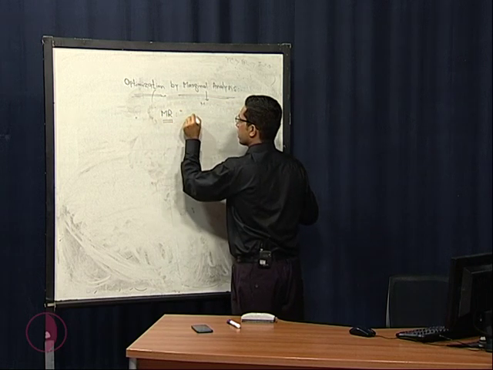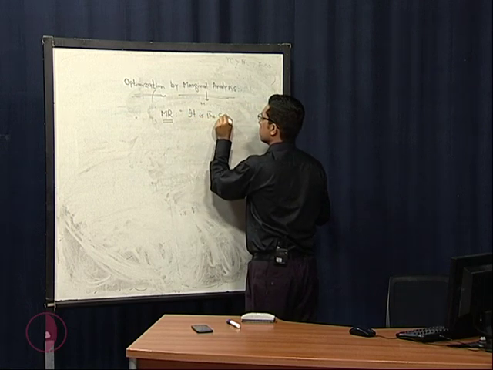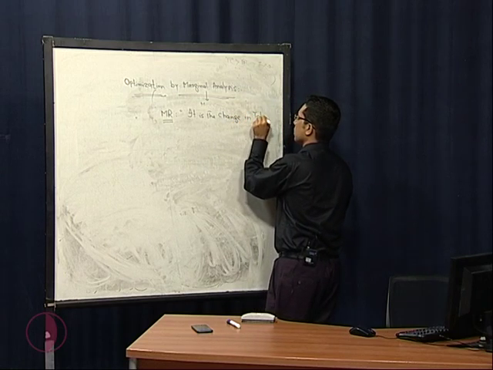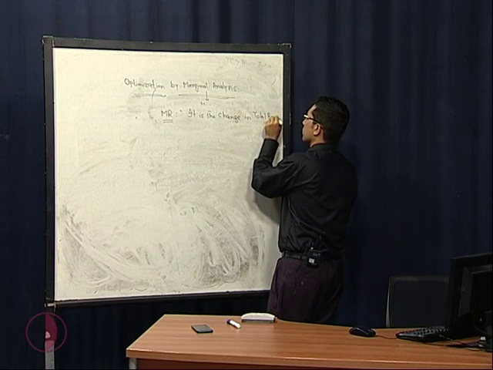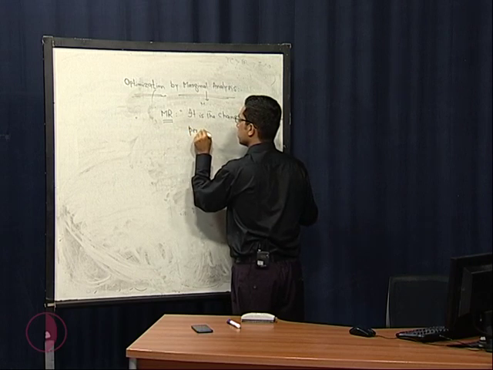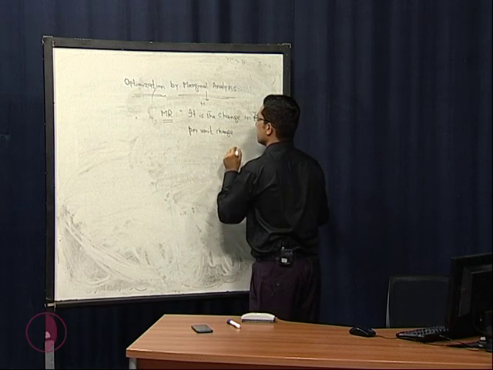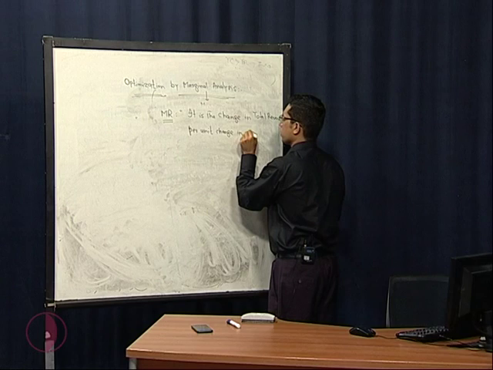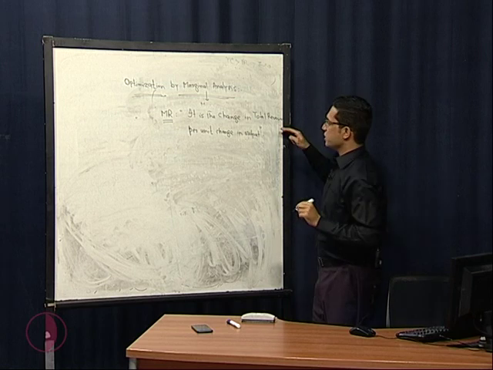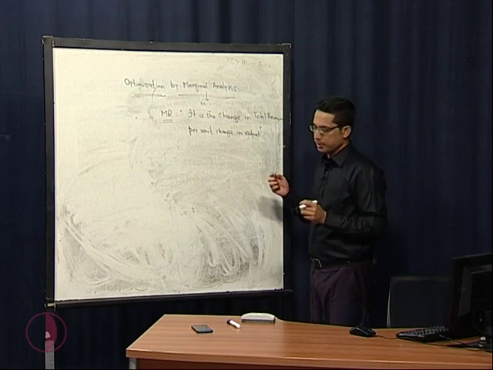Marginal revenue is the change in total revenue per unit change in output or sales.